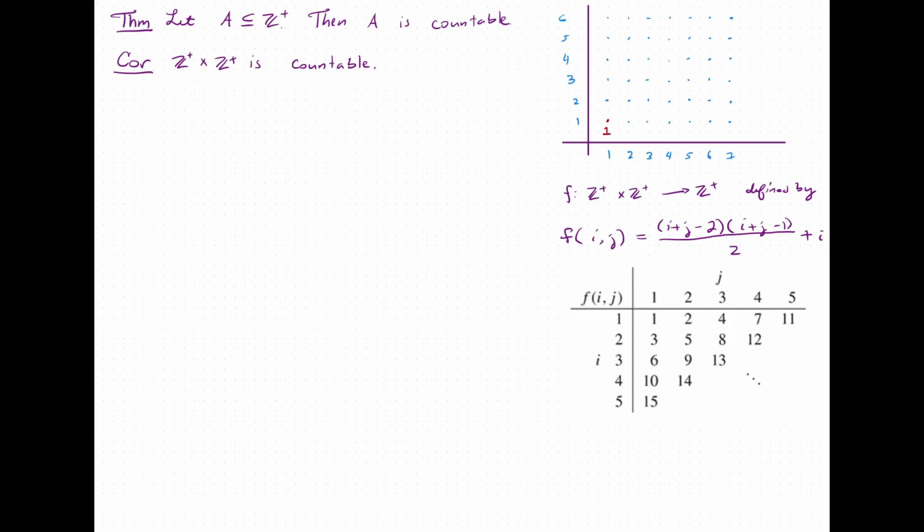So in red, I'm going to be denoting the outputs of this function in this grid. And so we have that 1 there. And then 1, 2 is going to map to 2. And then 2, 1 is going to map to 3.